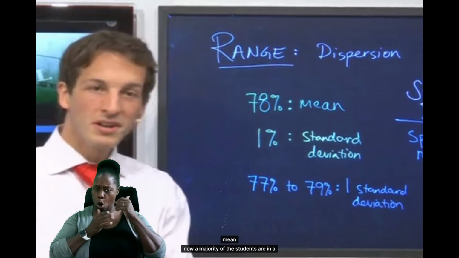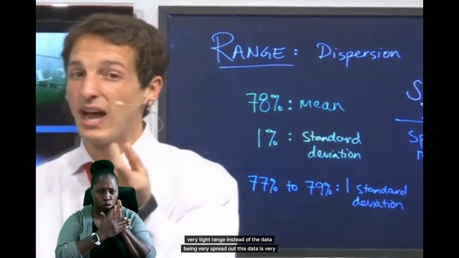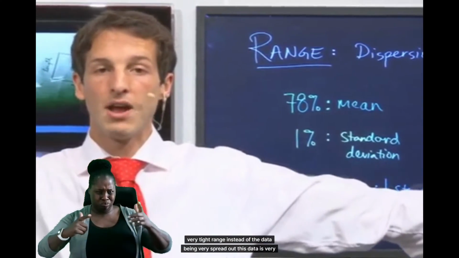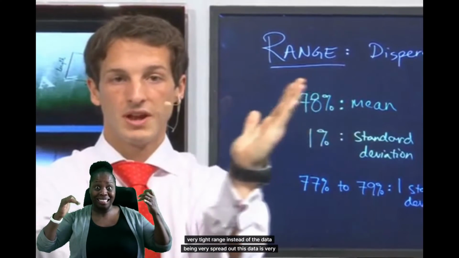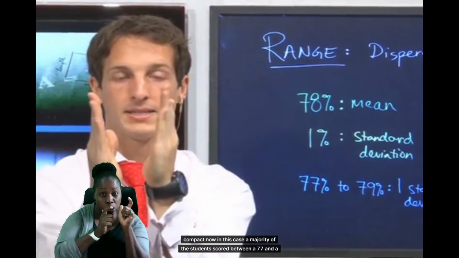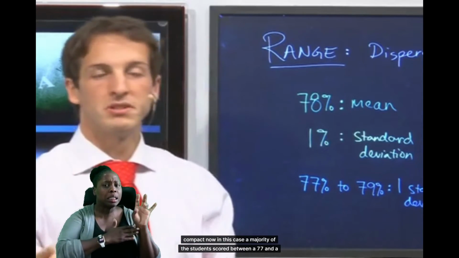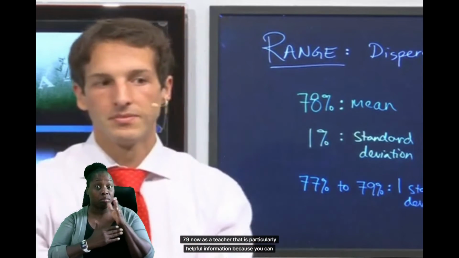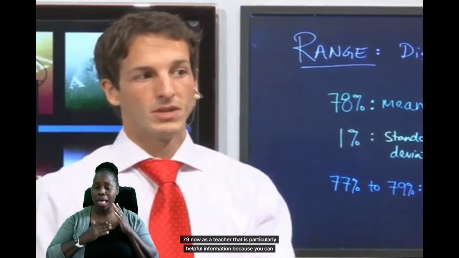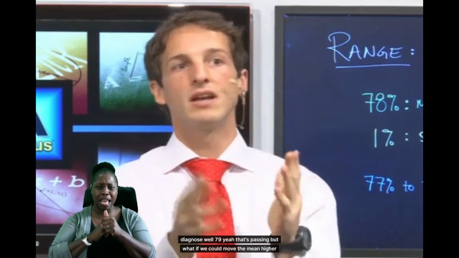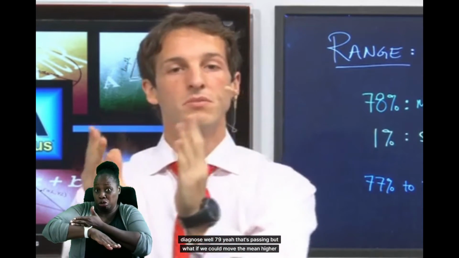Now, a majority of the students are in a very tight range. Instead of the data being very spread out, this data is very compact. Now, in this case, a majority of the students scored between a 77 and a 79. As a teacher, that is particularly helpful information because you can diagnose, well, 79, yeah, that's passing, but what if we could move the mean higher?